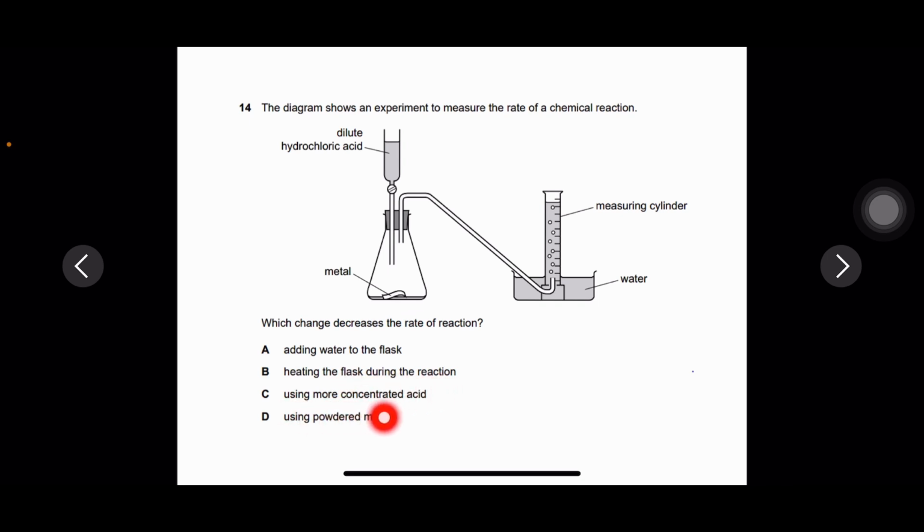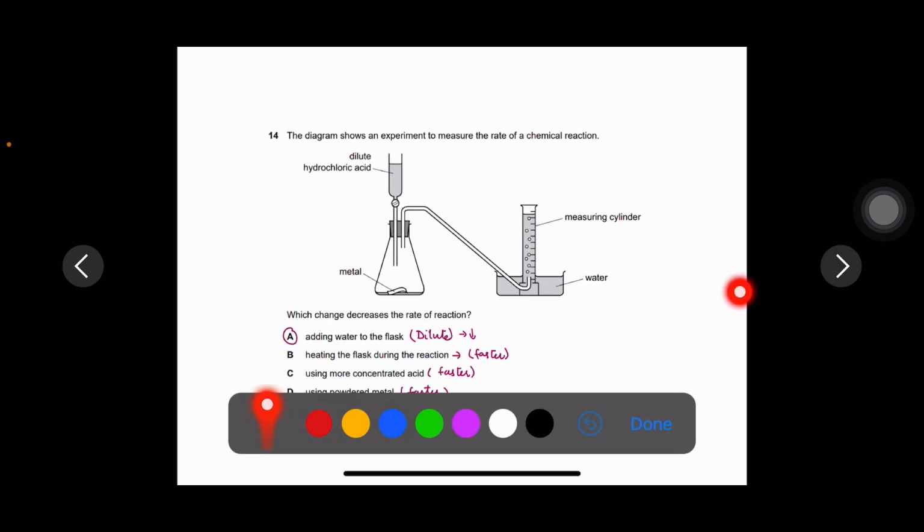Using more concentrated acid also increases the reaction rate. Powdered metal has a larger surface area, so the rate of reaction will be faster. Option A is diluting, or decreasing the concentration, so of course the rate of reaction will decrease. Option A is the right answer.